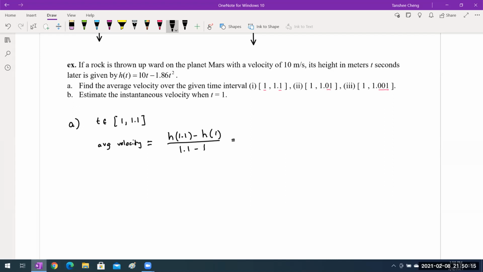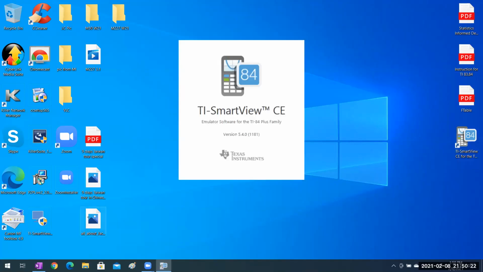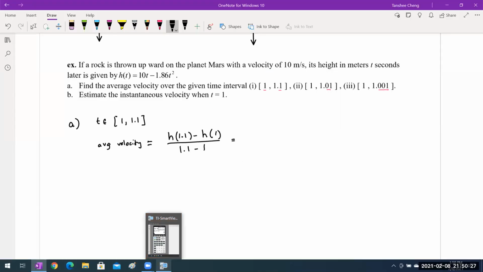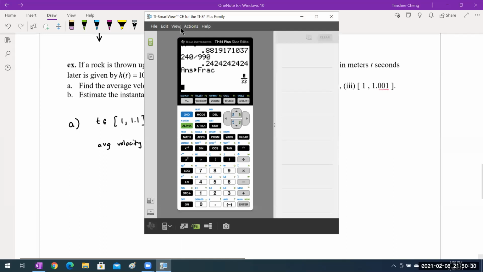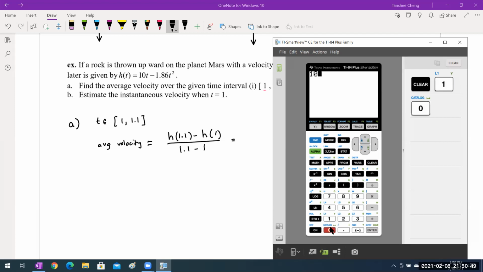You can use a calculator to compute that. On the test, you don't need to show me every single step, but at least show me the formula, change in position over change in time, and then you can use a calculator to compute it and give me the final answer. But make sure you do that correctly, otherwise I won't be able to give you credit.